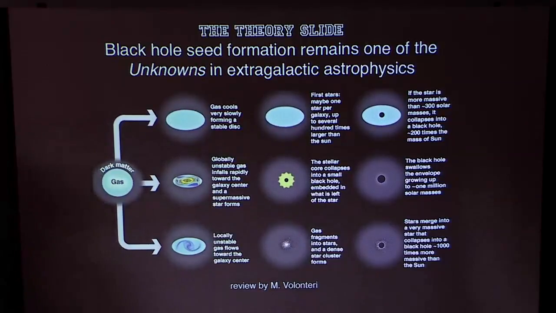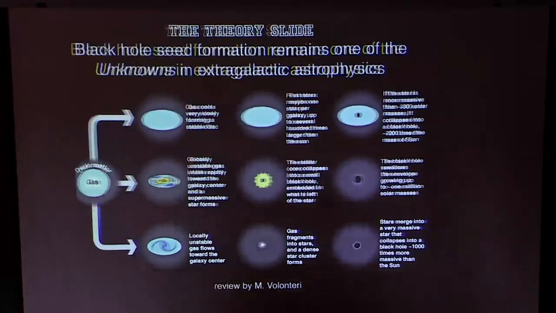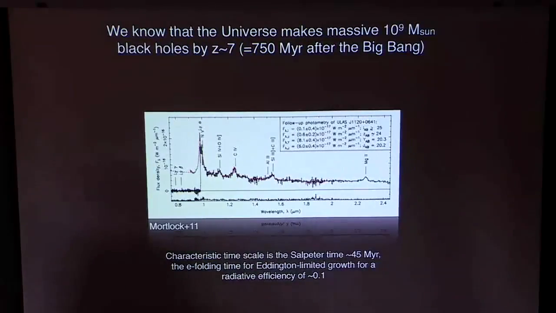So these are the theory options, and I won't say much more about that, other than that this is an initial guideline to what we might be looking for. First, before I go in the completely other direction: the universe makes massive black holes, 10^9 solar mass black holes, less than 1 billion years after the Big Bang.